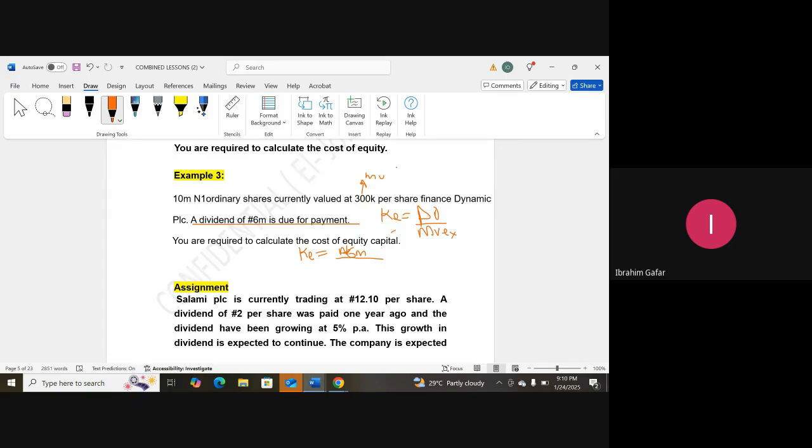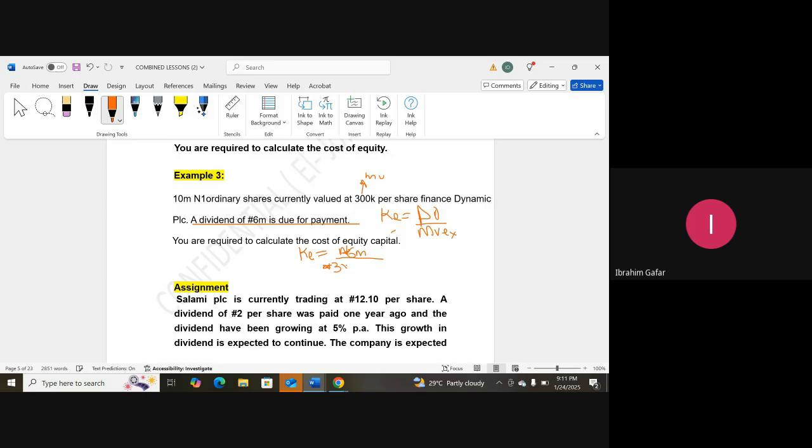It means that 300 kobo means 3 naira. Are you with me? So because 100 kobo is 1 naira, then 300 kobo is 3 naira.